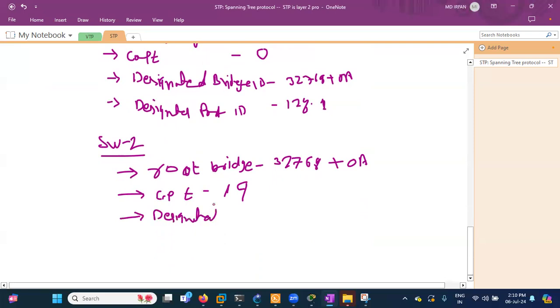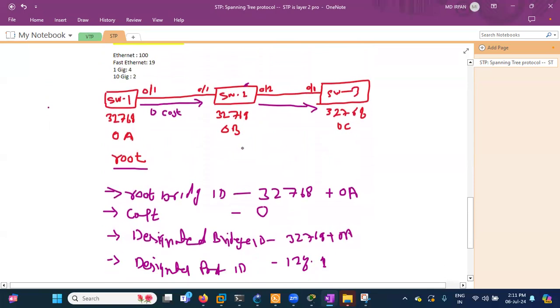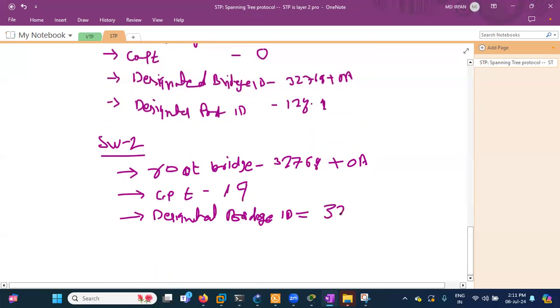What will be the designated bridge ID? It's this switch's information. Designated bridge ID means the switch's own information, 32768 plus 0B.